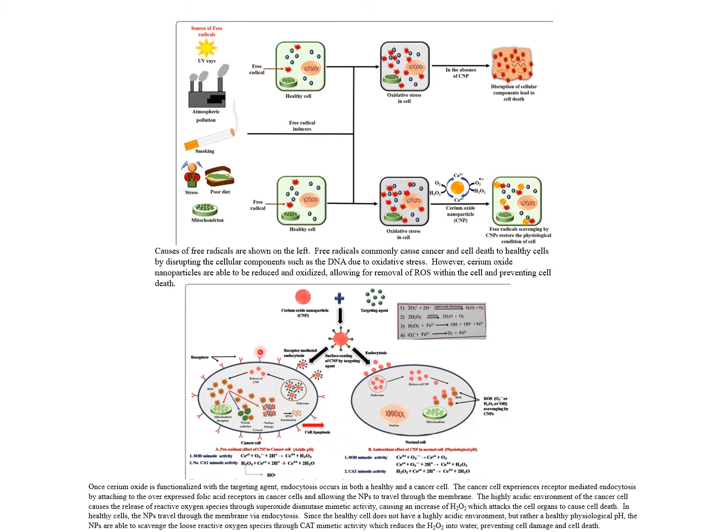However, the low pH inside of the cancer cell prevents the catalytic activity, producing more reactive oxygen species. This causes mitochondrial disruption, protein oxidation, damage to the nucleus, and eventually DNA denaturation, leading to cell death.